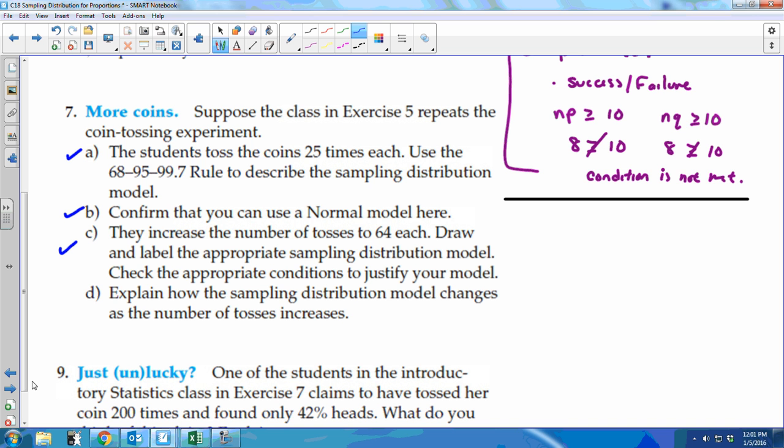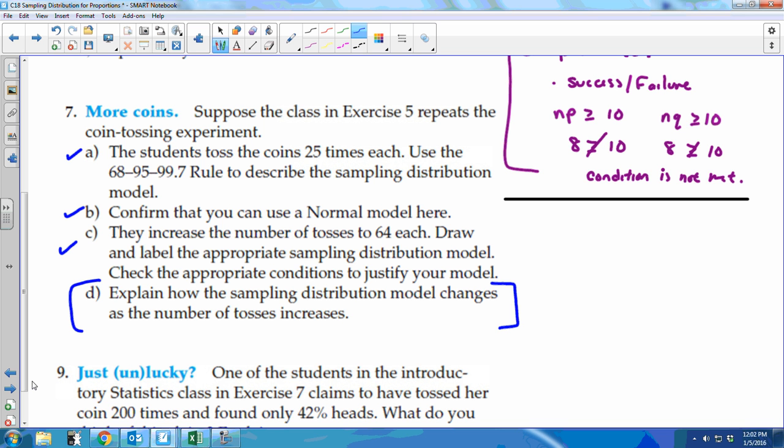Then in part D, explain how the sampling distribution model changes as the number of tosses increases. So let's talk about shape, center, and spread. As the number of tosses increases, does your shape change? If at all, it becomes what? More unimodal and symmetric.